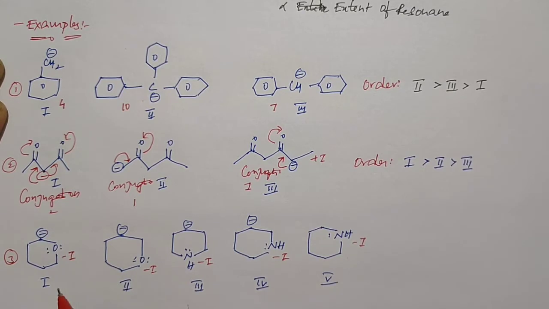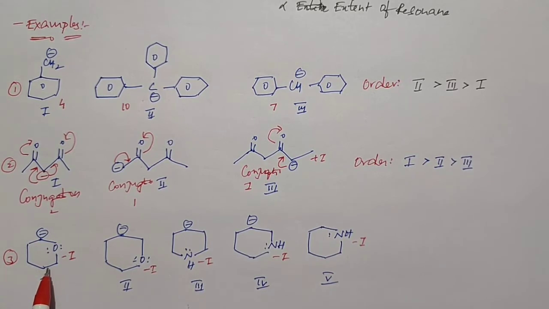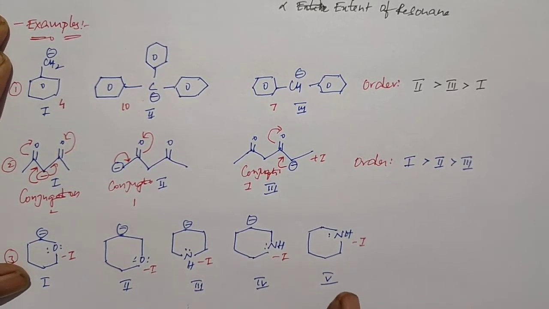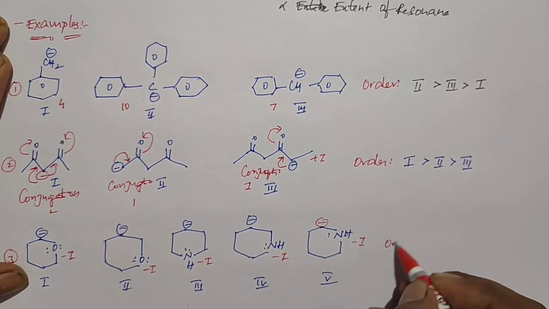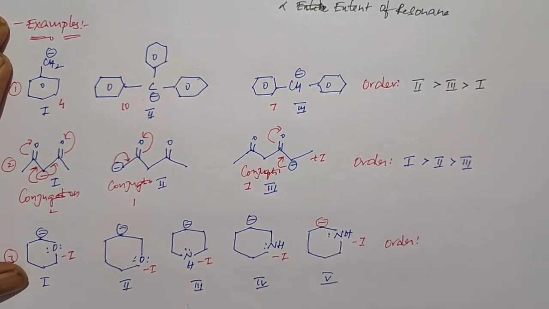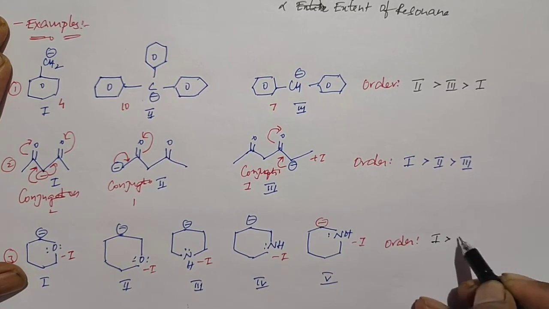As the distance between the minus I group and the negative charge decreases, stability increases. We can also express the same example based on electronegativity. More electronegativity, more stability of carbanion. When comparing oxygen and nitrogen, oxygen is the more electronegative atom. When I compare the first and fifth structures, the oxygen and nitrogen are at the same position, so the first structure is more stable than the fifth one.